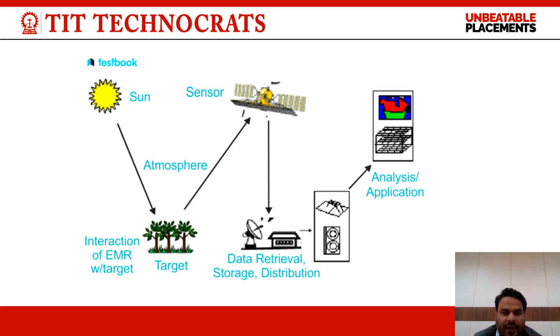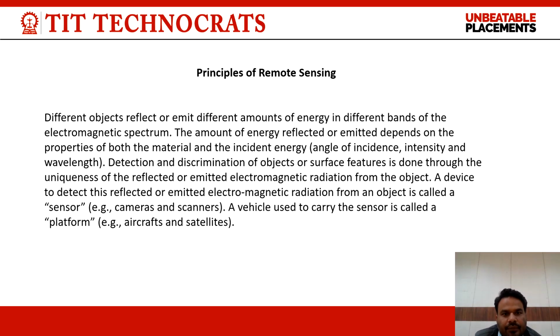This is a diagram showing the process and principle of remote sensing. Principle of remote sensing: different objects reflect or emit different amounts of energy in different bands of the electromagnetic spectrum. The amount of energy reflected or emitted depends on the properties of both the material and the incident energy.